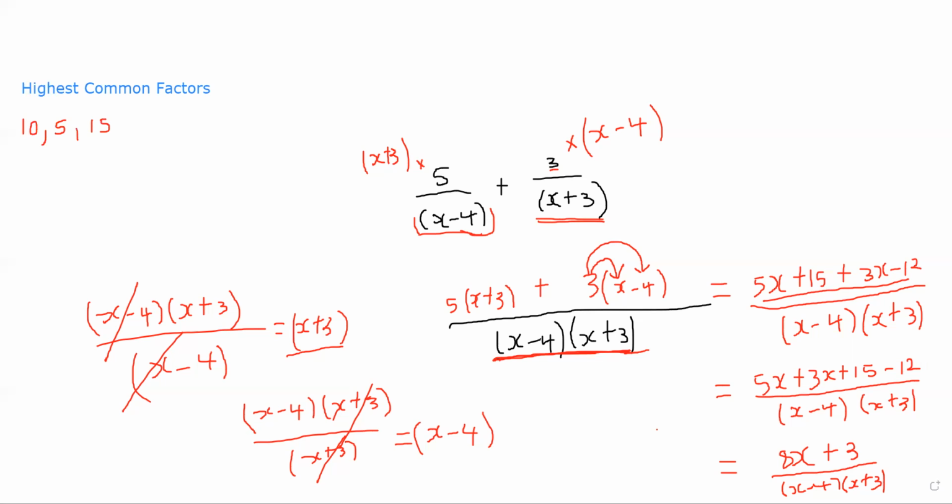So remember, highest common factor is different from lowest common multiple. I want you guys to list the factors of 10, the factors of 5, and the factors of 15. And then you're going to look to see what the highest common factor is from those sets, right?